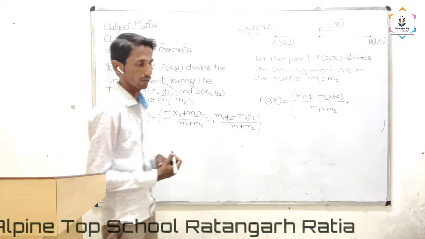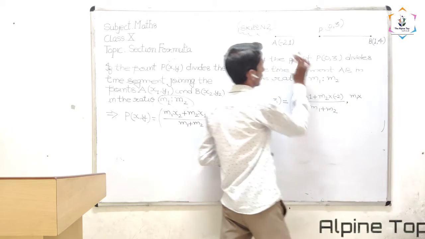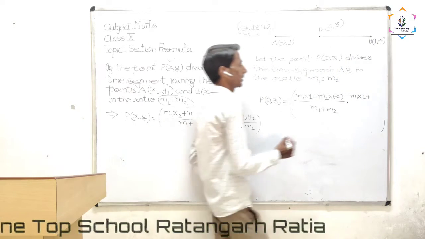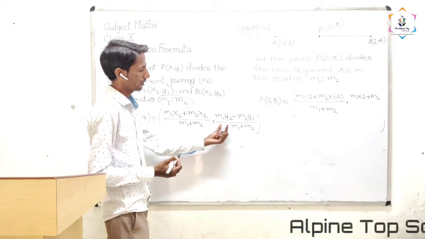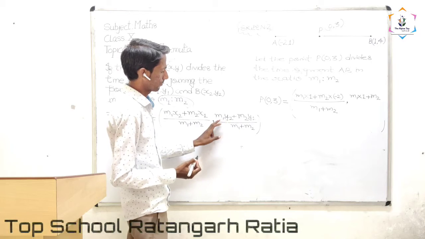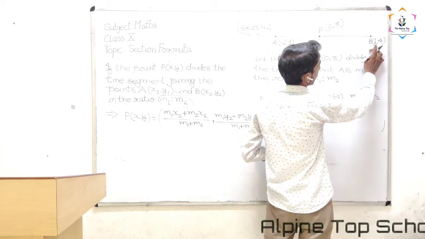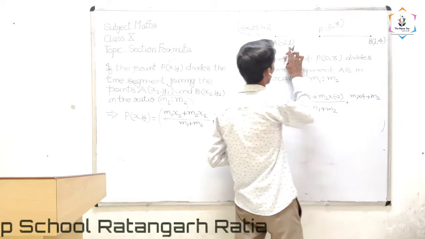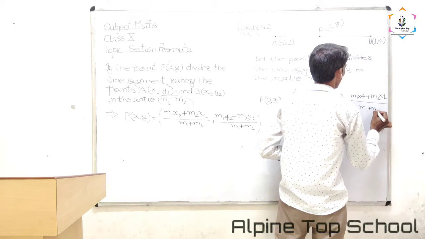Now for the y coordinate we do the same work: m1 y2 plus m2 y1. Here y2 is 4 and the value of y1 is 1, divided by the sum of the ratio m1 plus m2.